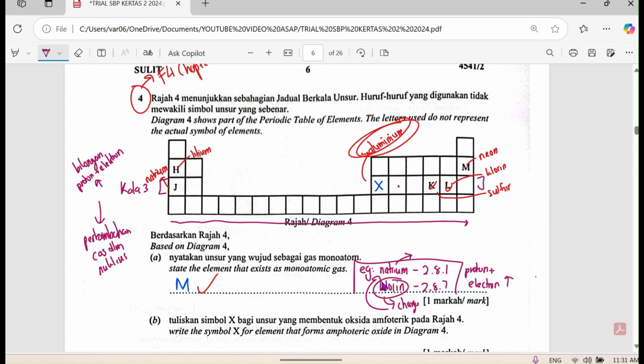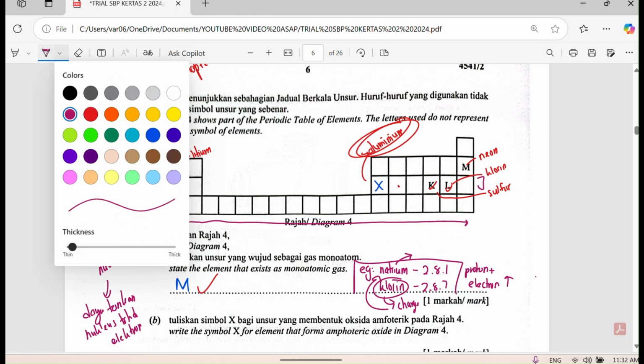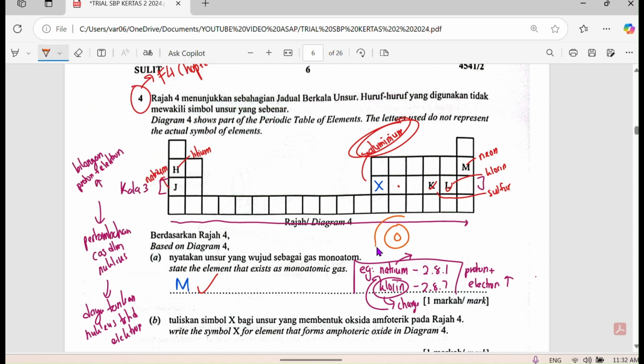When your proton increases, the charge in the nucleus also increases. Neutron in this case doesn't play a big difference because it is neutral, correct? Yes. So, pertambahan cas berlaku dalam nukleus. So, when your nucleus is more charged, what happens is that daya tarikan nukleus terhadap elektron bertambah. Correct or not? See, let me draw it here for you. Easier to visualize.